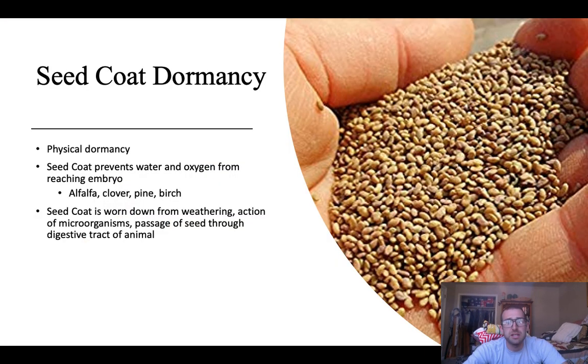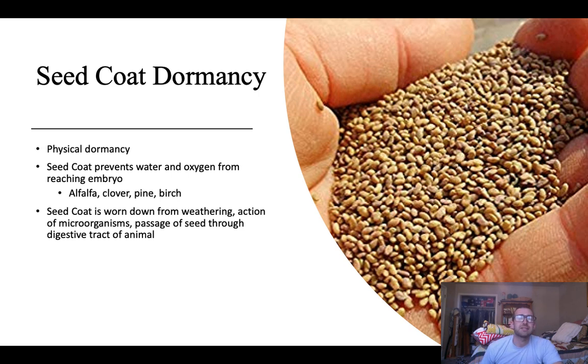But for seed dormancy, there are two main types: exogenous dormancy and endogenous dormancy. We won't go too deep into them; I'm going to give you the biggest examples of each, right? Exogenous dormancy is dormancy related to factors other than the embryo. The most common one is the seed coat.